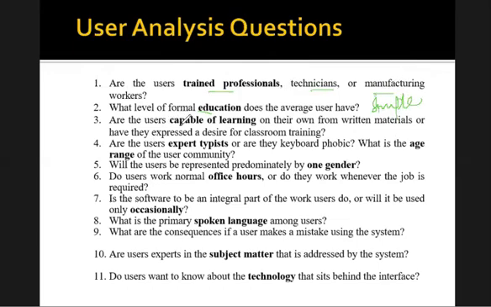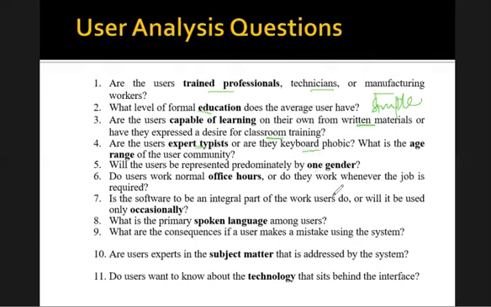Then, are the users capable of learning on their own from written material? That is, if you give some learning guides or installation procedures, whether these people can follow them, or you need to teach them by conducting training sessions, that also needs to be identified. Then, are the users expert typists or are they keyboard phobic?